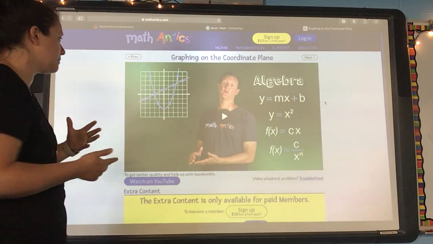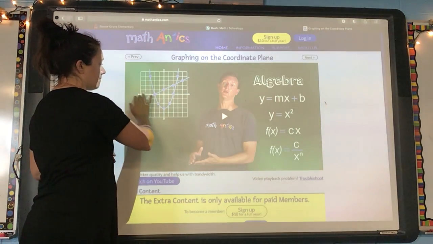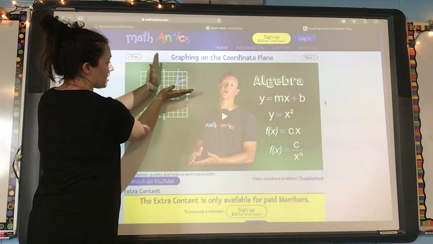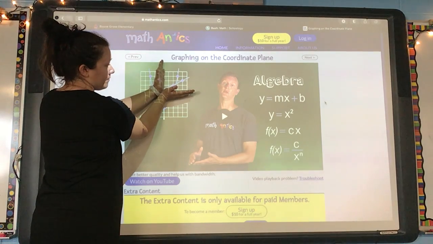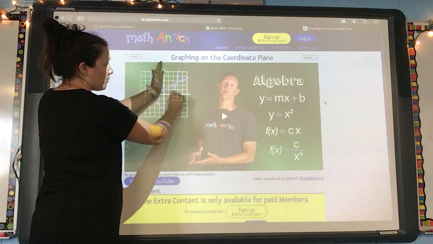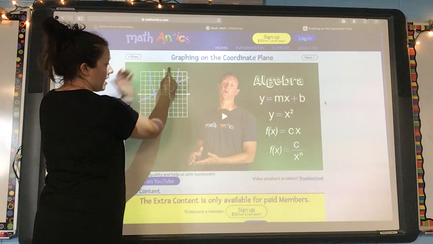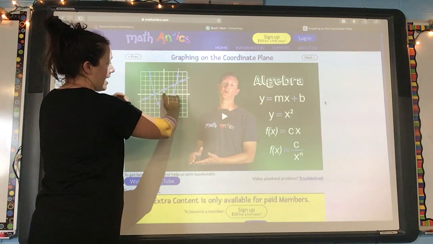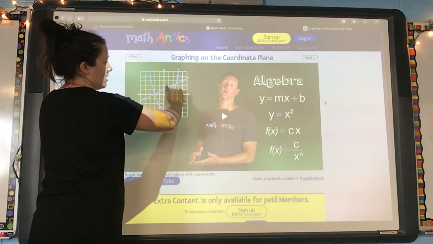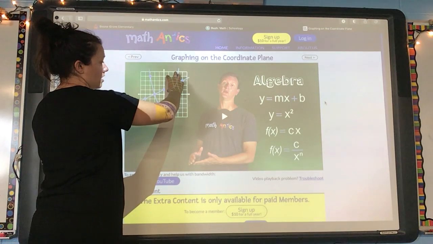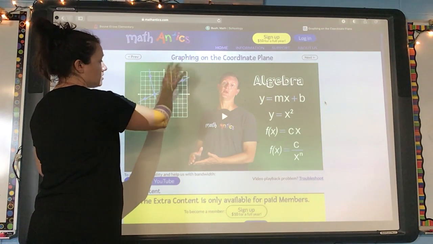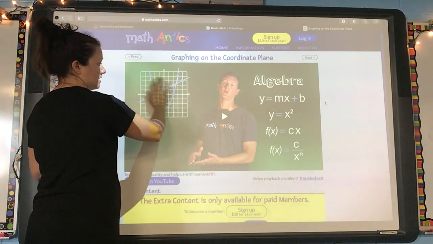The big difference is going to be, do you see this coordinate grid here? Our coordinate grid that we're working with is like just this part, right? That's all we're working with for 5th grade, okay? It comes down, our y-axis, our x-axis, and we have just this one part right here. In middle school, you're going to have all 4 of these parts.